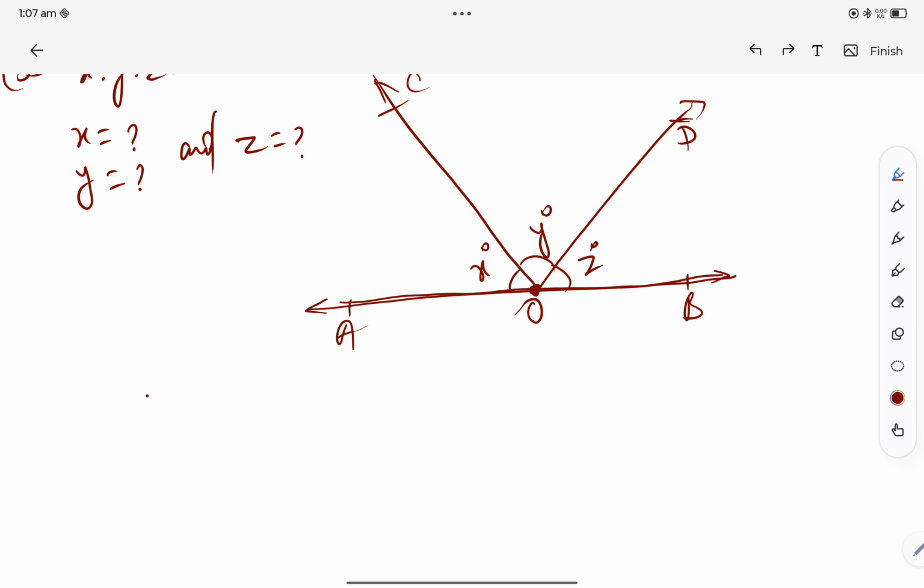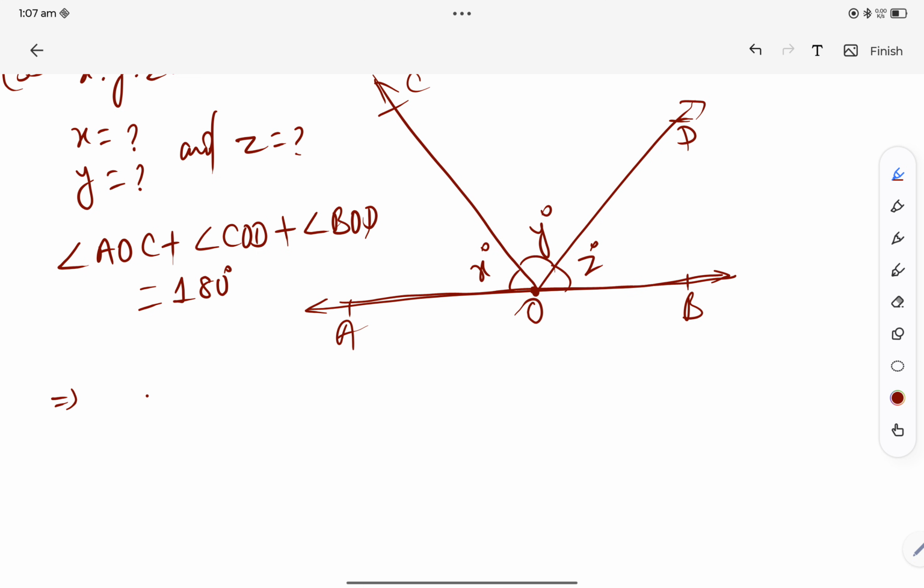So we have AOC plus COD plus BOD is what? 180 degrees.